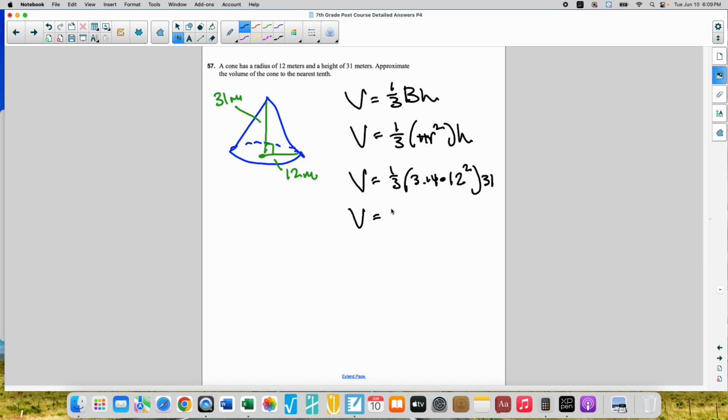So I have 1/3 times 3.14 times 144 times 31. This 3 is in the denominator, so I'm going to cancel it.